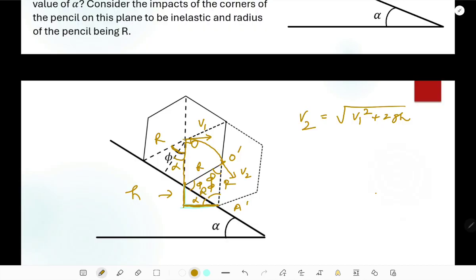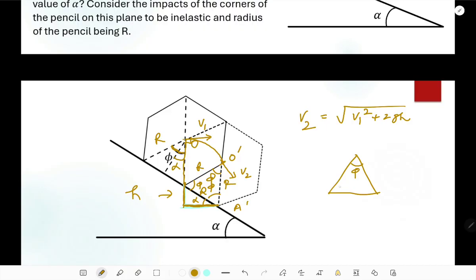If it would have been another situation, another figure, then there must be some kind of difficulties. If this is not a hexagon, it is something else, then how are you going to find this angle? It would have been something phi.